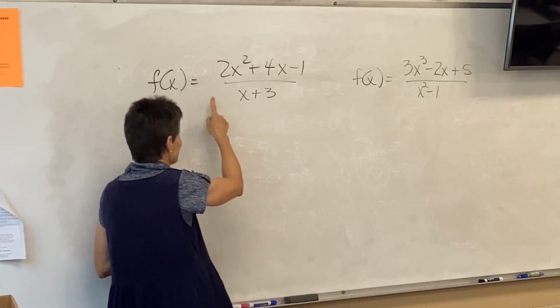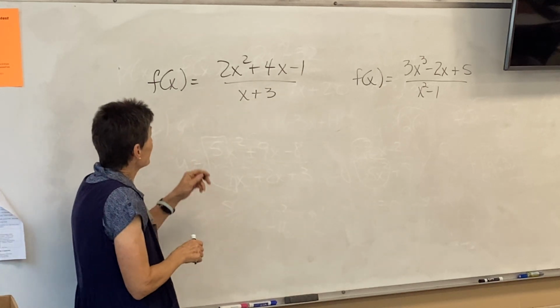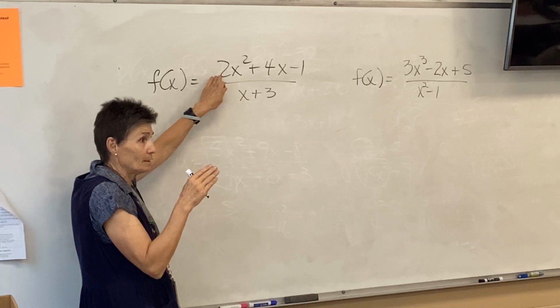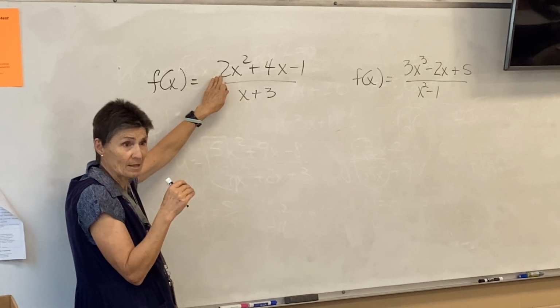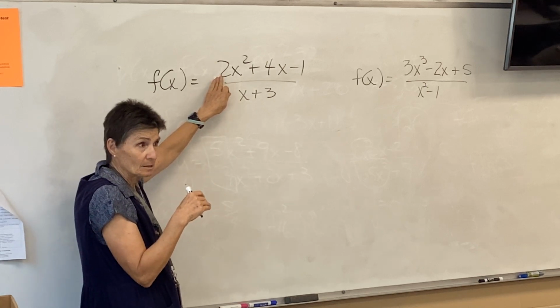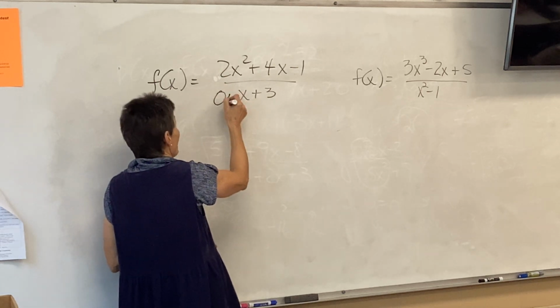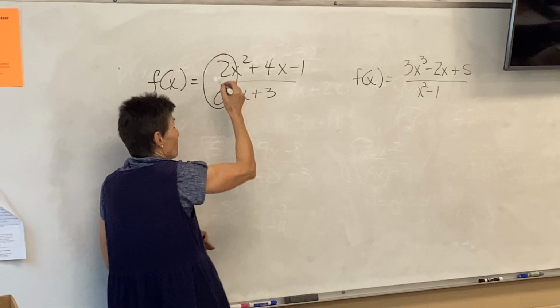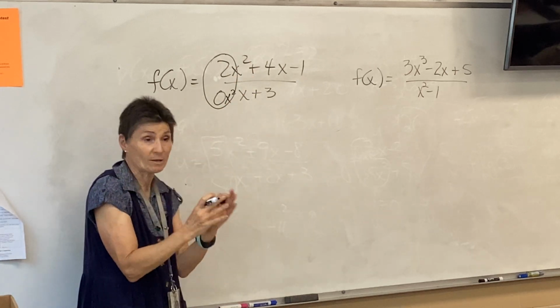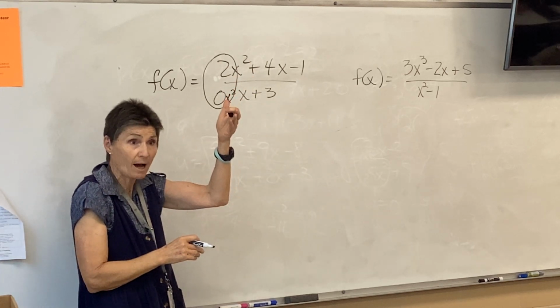Now, when you have a situation like this one, where the top is growing faster than the bottom, does that make sense to you in this fraction? There's no x squared in the bottom to balance out the one on the top.